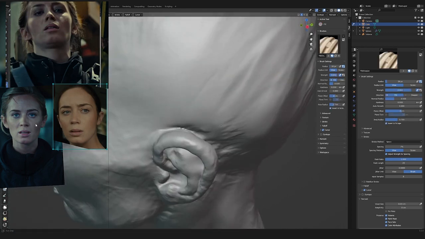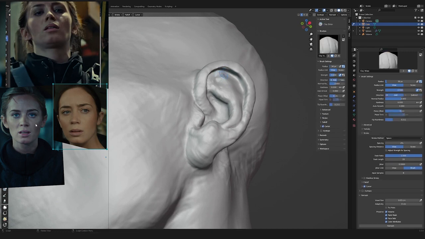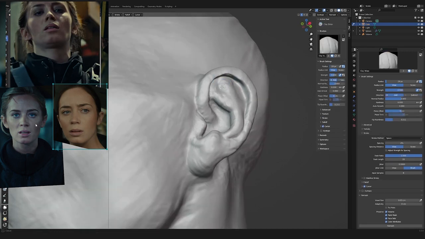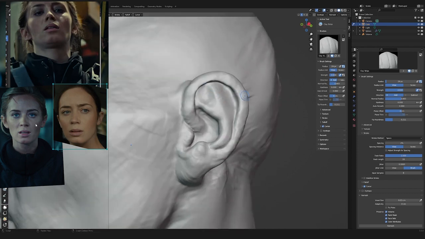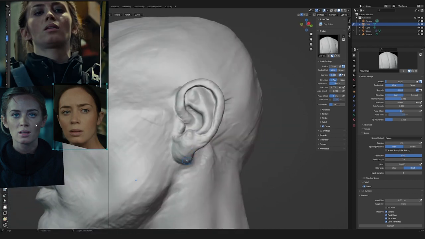Which brings us back to that very topic that I've mentioned before, which is anthropometry, okay? Anthropometry is the science of measuring human proportions.